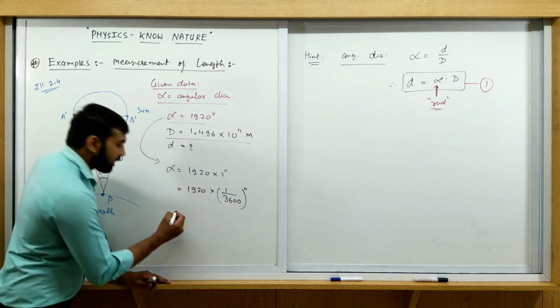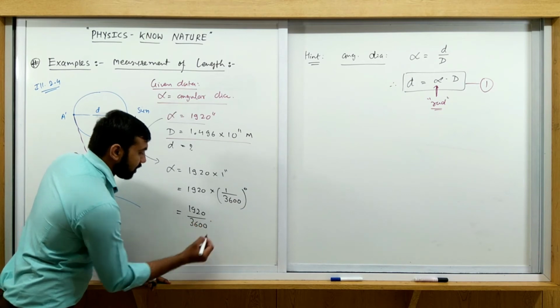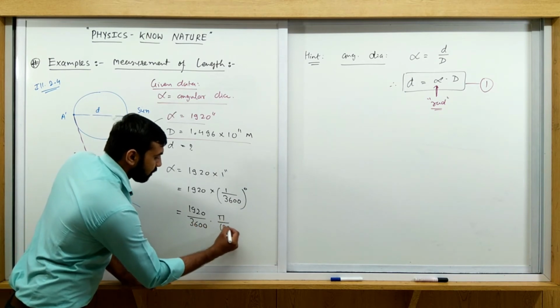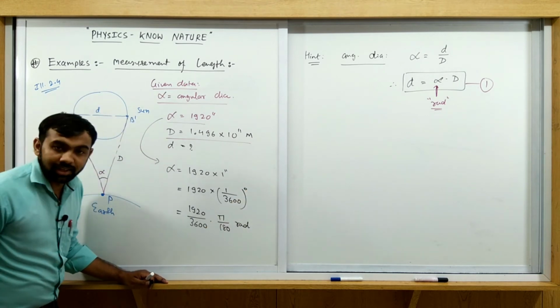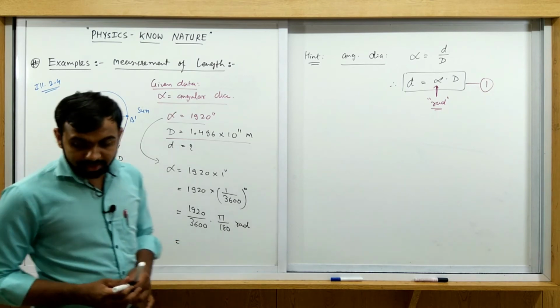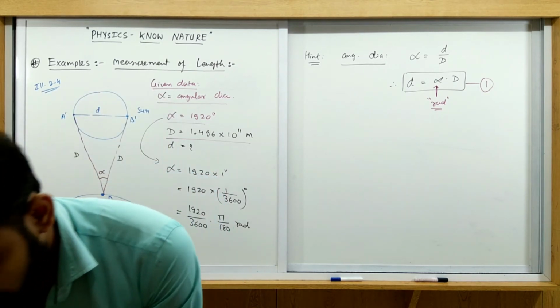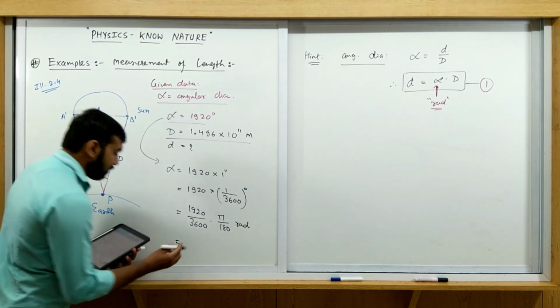Then write degree in radian: 1 degree is equal to pi upon 180 radian, as we discussed in the theory session. So finally you get the answer 9.31.